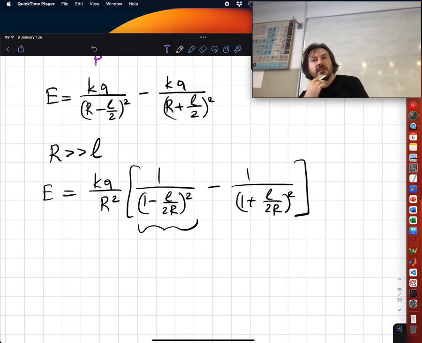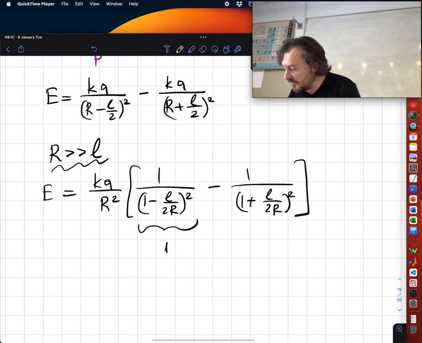What can we do with that? Yes. Depending on what we want, we could apply the binomial theorem, or just say that since R is a lot bigger than L, this whole thing is like 1. Yes, but if you do that, then this is 1, this is 1, 1 minus 1 is 0. We want something to remain, so we go with the binomial, right?